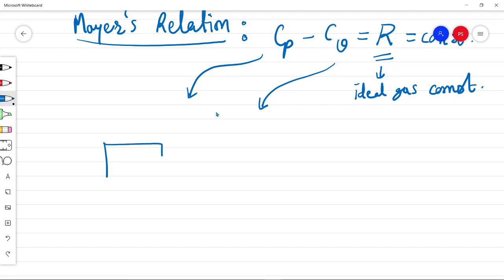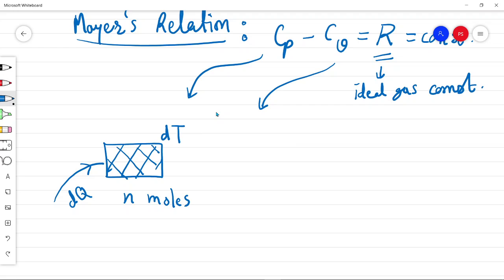Suppose there is a sample having quantity n moles and an infinitesimally small amount of heat dq is provided to this sample. This sample is nothing but our thermodynamic system. As a result of this supply of heat, let us say that the temperature of this sample changes by an equivalent infinitesimally small amount of temperature dT.